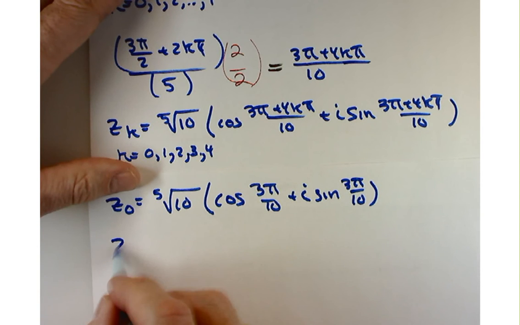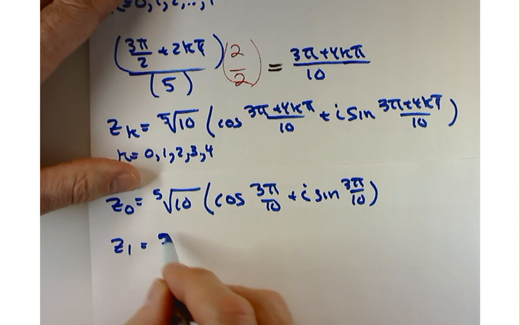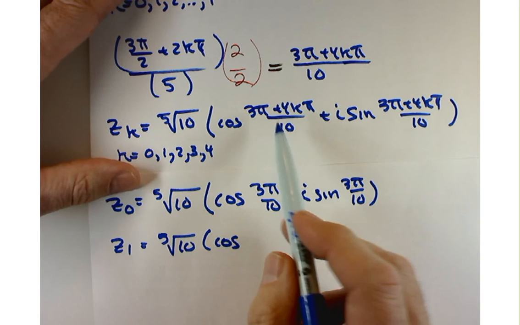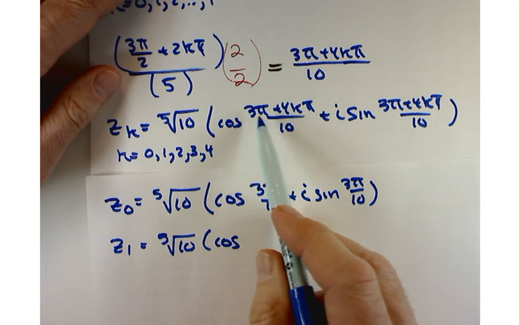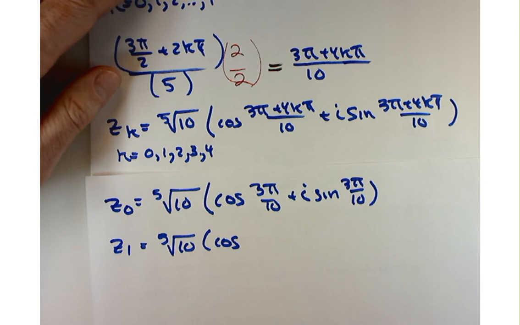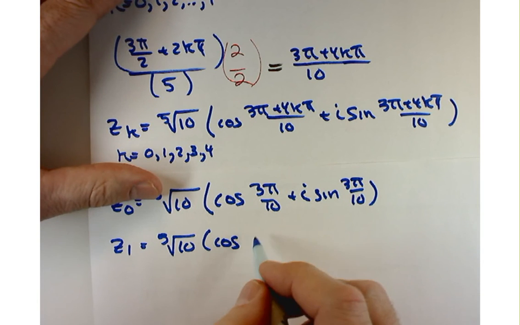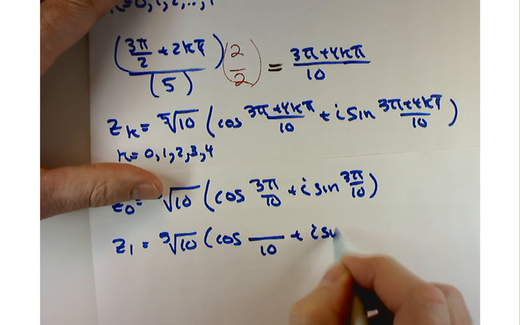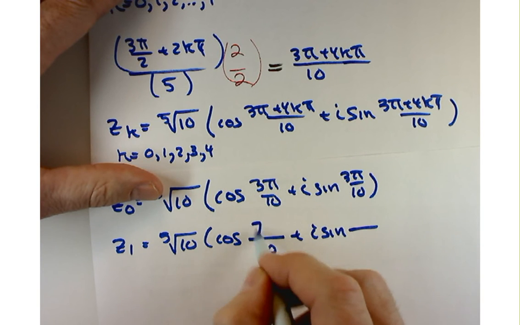So z sub 1, again, is going to be the 5th root of 10 cosine. This time if I put a 1 there, how many pi do I have in the numerator? Yeah, 7. 7 pi over 10.